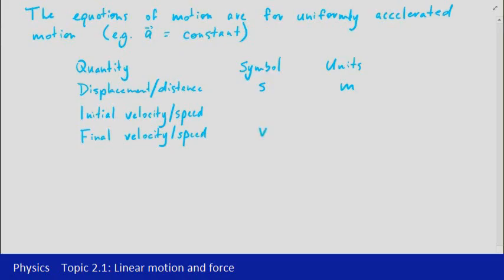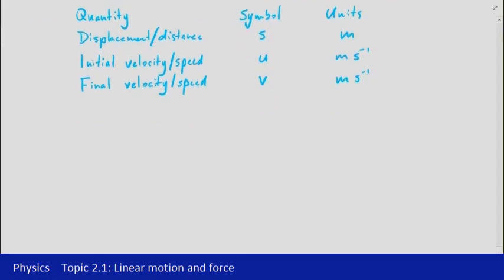We're going to use v now as the final velocity. We're going to use u as the initial velocity, and the units for both of those are meters per second. Now the reason why we use u, if you just think about it, v is velocity, go one letter previous in the alphabet and you get to u. So nothing particularly important there, just be aware that u is initial velocity, v is final velocity.